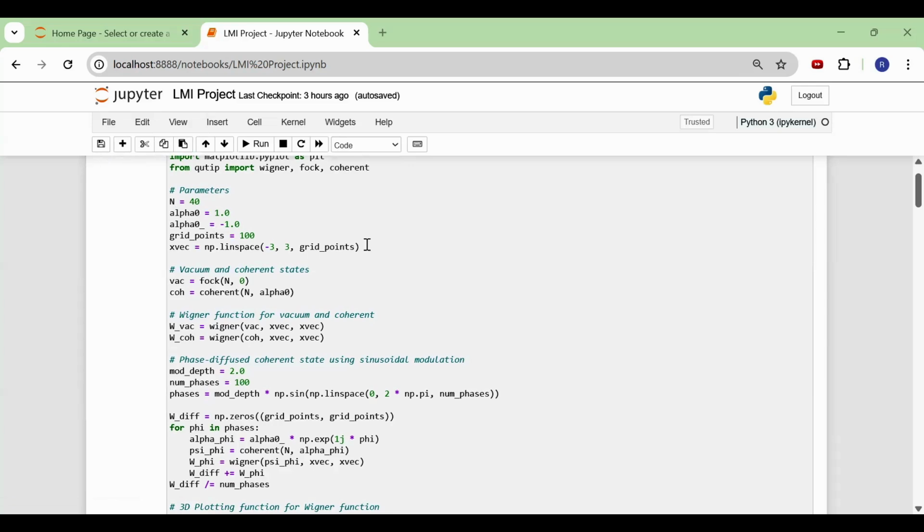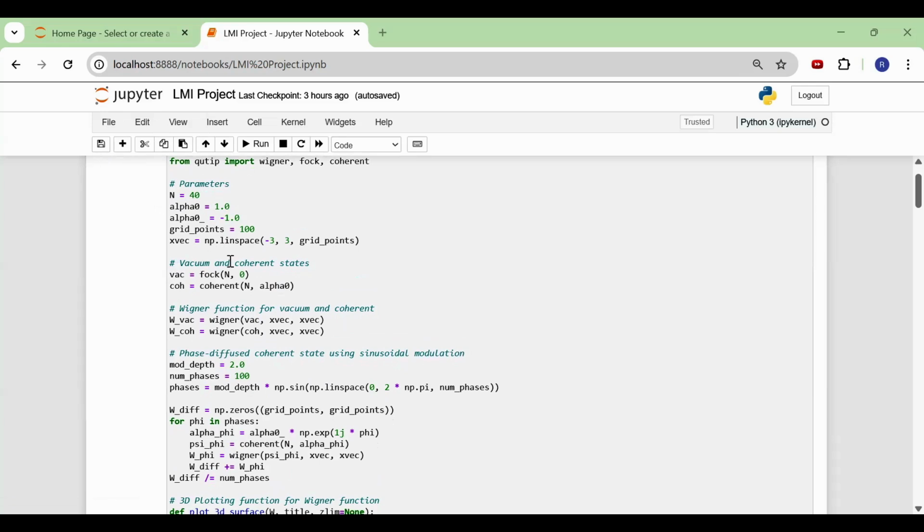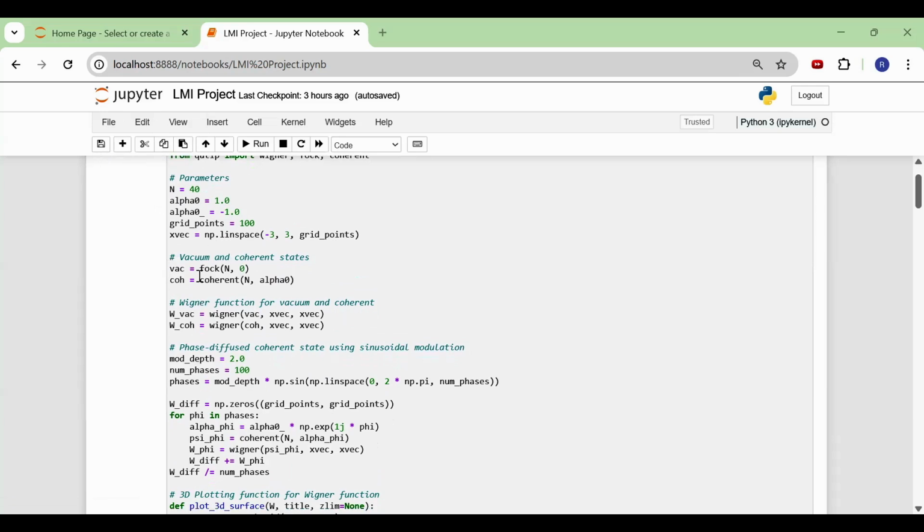There is alpha, which is the amplitude of the given vacuum or coherent states. Finally, I have defined the grid points to plot the data.